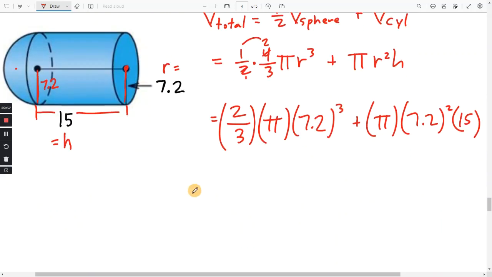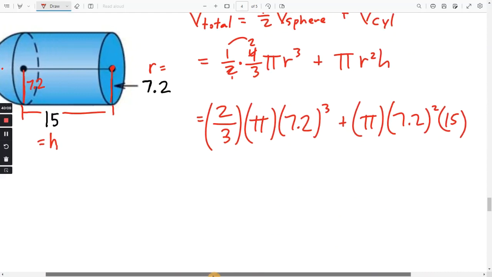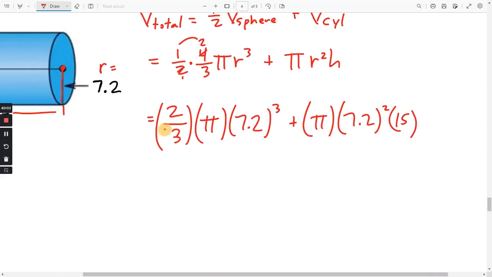Alright, now you can do this all in one shot if you're good, but if you want to play it safe, what I'm going to do, these are all numerators except for the 3. So what I'm going to do is 2 times pi times 7.2 to the third. Hit equals, and then divide by 3. Hit equals.